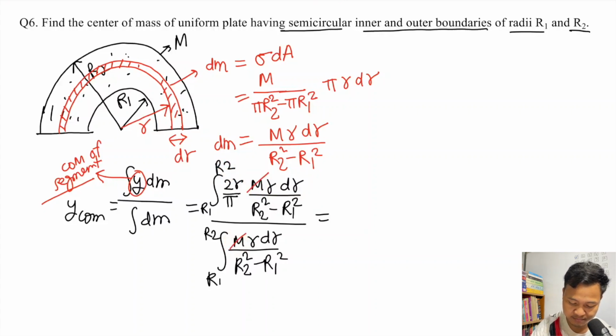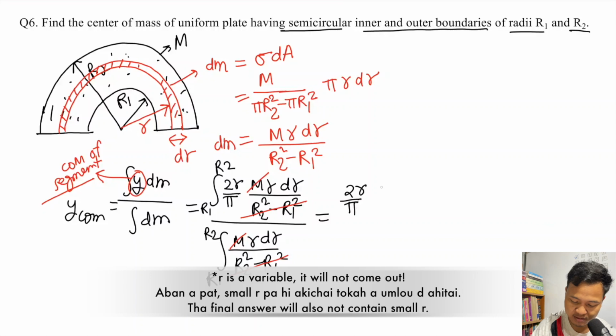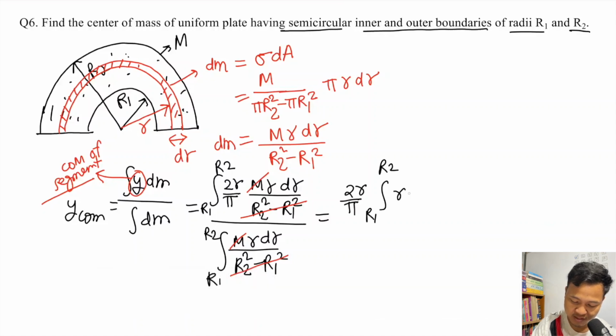Here the r2 square minus r1 square terms get cancelled out. So you have 2r by pi outside, integral from r1 to r2 of r squared dr, divided by integral from r1 to r2 of r dr. Now integrate this.